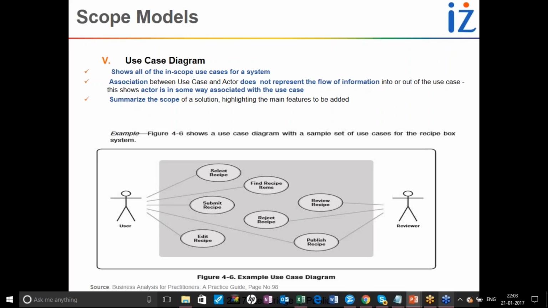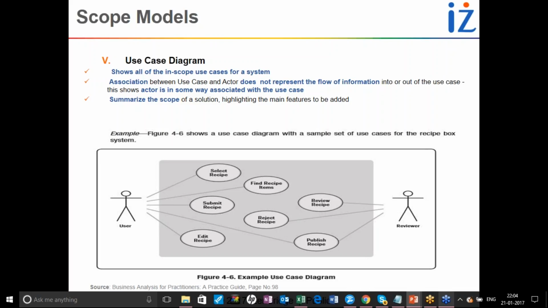And here the interesting point is that the use case diagram is included in the scope models, but use cases in textual format are included in the process models, because in the textual representation you are moving towards the details.